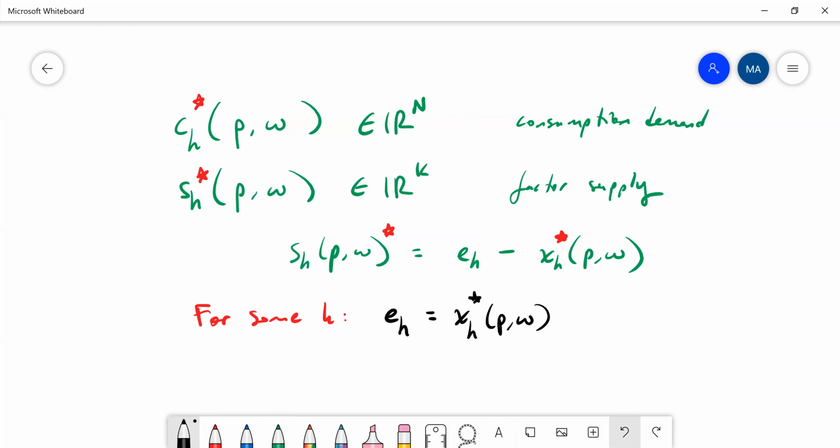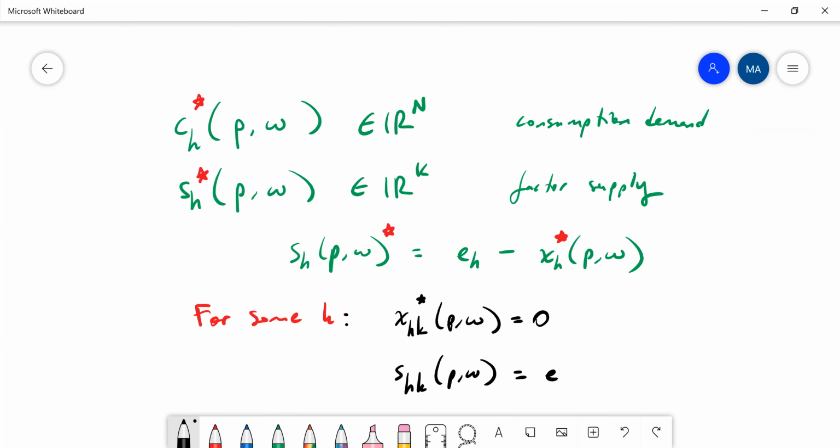Sorry, not true. You might have, for some goods, XHK star PW equals 0, okay? In that case, supply of this factor would be equal to the endowment, right?